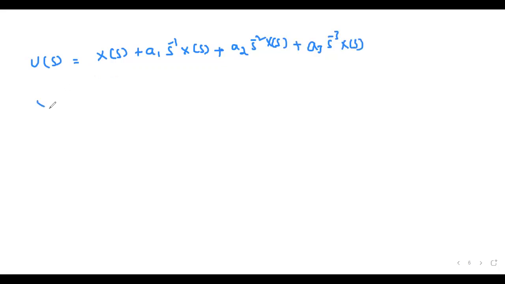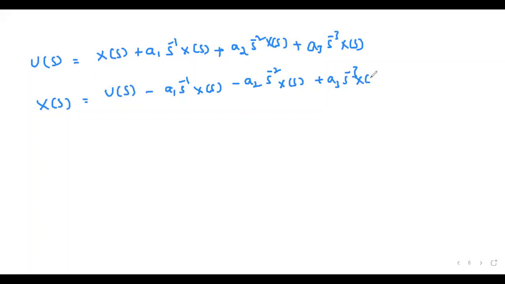From this, what I want is the state X of s. Therefore, I can move this total to the other side: X of s is equal to U of s minus a1 s^-1 X of s minus a2 s^-2 X of s minus a3 s^-3 X of s.